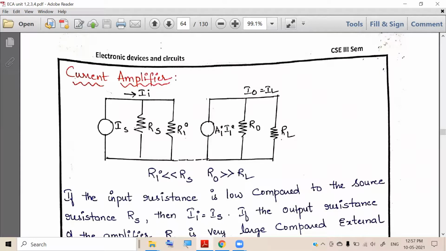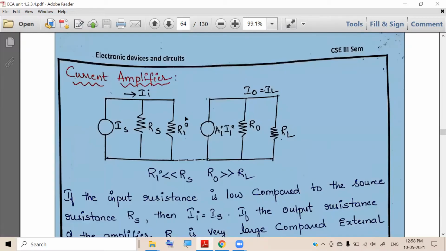Now again, if this has to work as a current amplifier, it means whatever current we are generating here should not flow through RS. It should flow through this one.